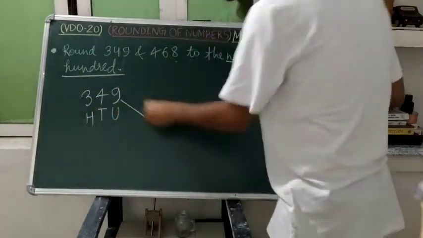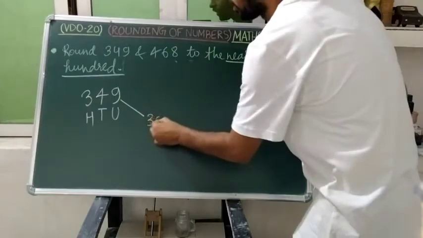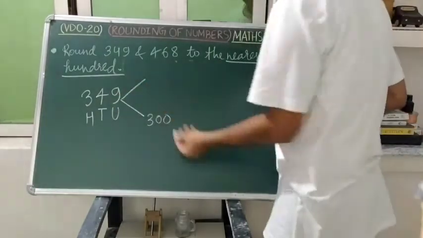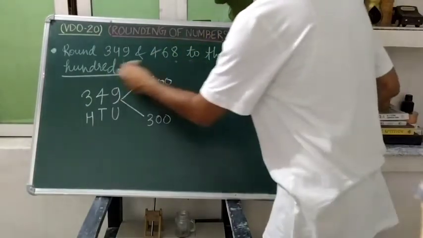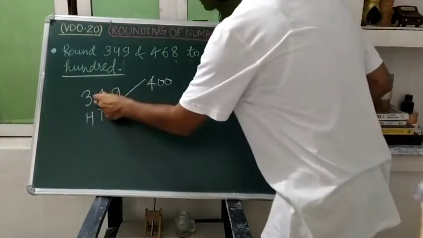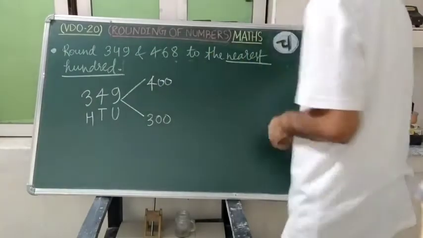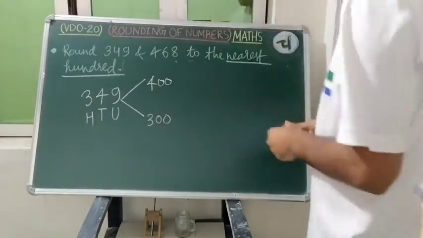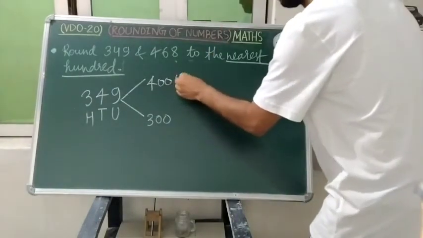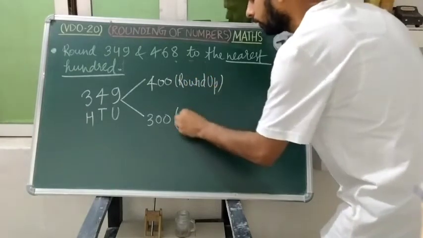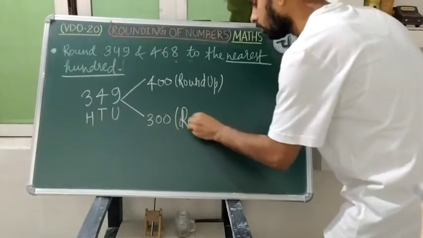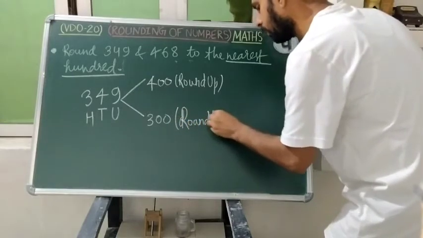Round down will be 300, round up will be 400, isn't it? Multiple of 100 three times, multiple of 100 one up time, 400. It's our round up, it's our round down.